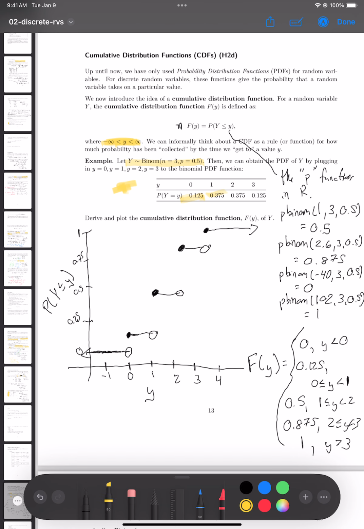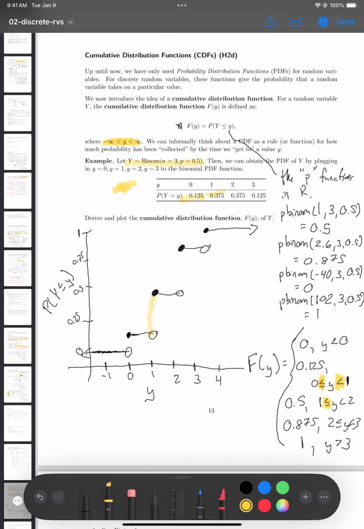One thing to notice, or maybe be careful of, are these inequality signs, which do matter. Once y reaches 0, it immediately makes the jump in probability. And that's why this is a less than or equal to sign. And then once y reaches 1, it again makes that jump up.